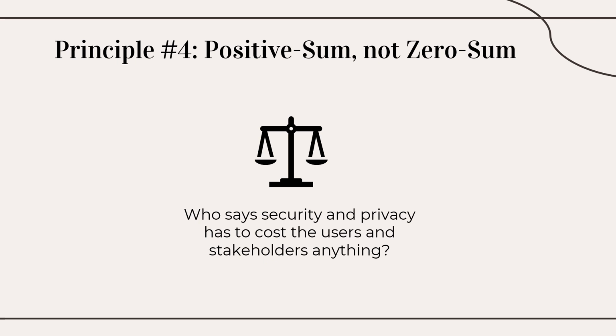The fourth principle is positive sum, not zero sum. Basically, security and privacy are seen as deterring, worsening the user experience. For example, my favorite example of this is two-factor authentication. You're adding security with the second factor of authentication.